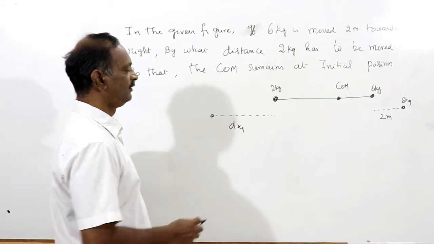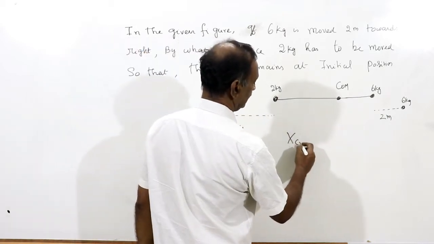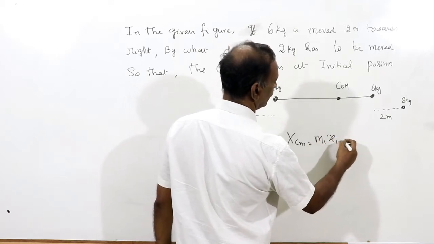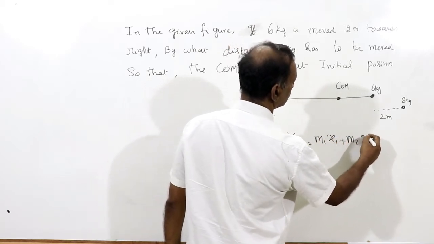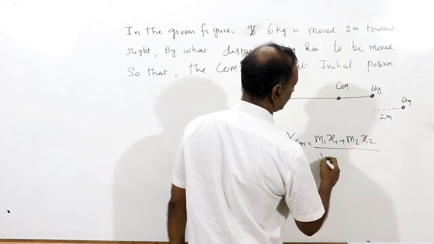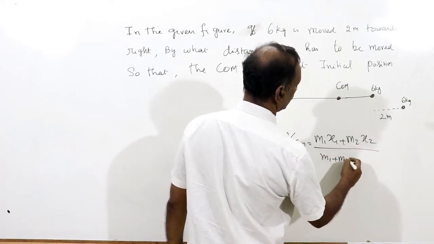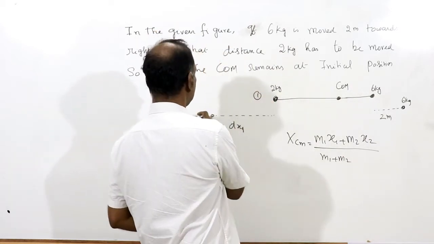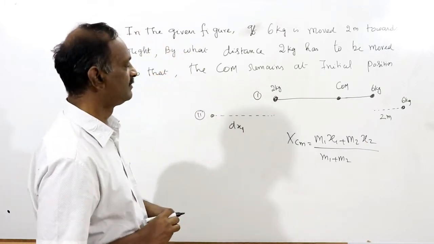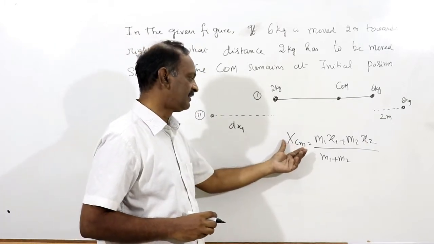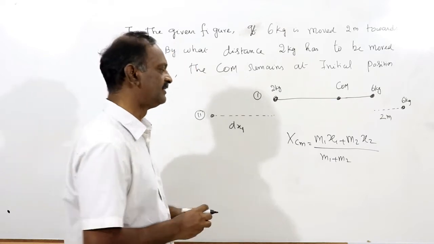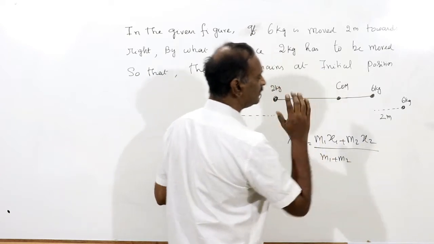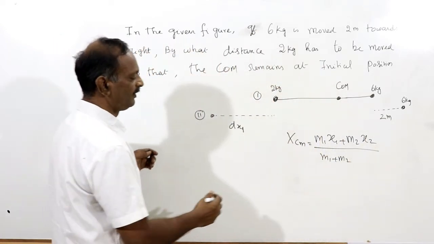We know the formula: xcm is equal to (m1 x1 + m2 x2) divided by (m1 + m2). This is when the body is in state 1. In the second stage, the center of mass has moved a little distance by moving x1 and x2 by small distances. So we can modify the equation.